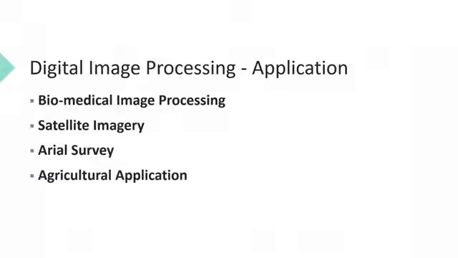Next one, agricultural applications. In agriculture, image processing helps the farmers. Even a layman can understand from the aerial survey. By taking pictures itself, we can identify the bugs, and what diseases have affected the leaves in the crop, and whatever precautions we wish to take.